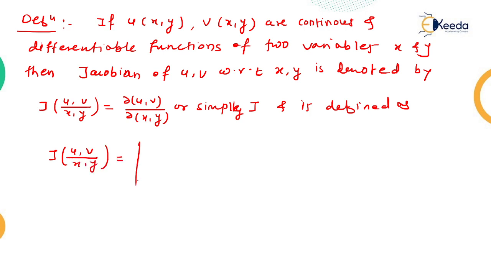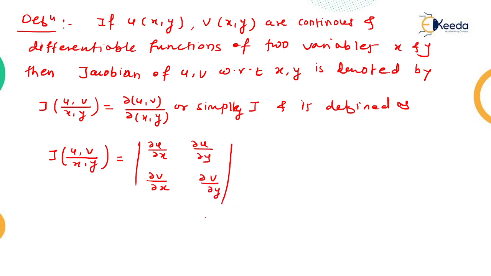This is given as a determinant of del u divided by del x, del u divided by del y. In the second row you write del v divided by del x, and next del v divided by del y.